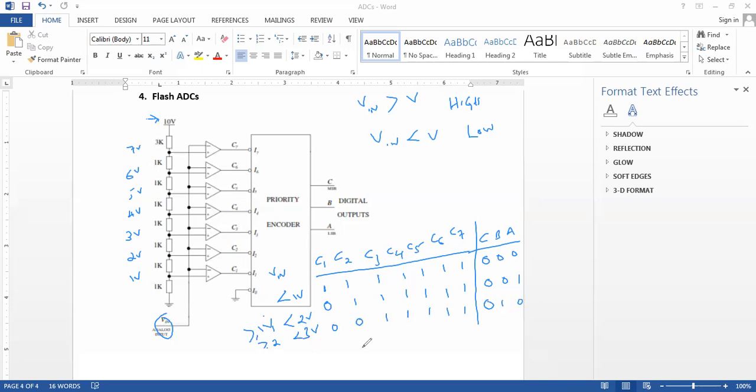This will continue until finally, when our voltage is greater than or equal to 7 volts. When the voltage is greater than or equal to 7 volts, we are comparing, let's say 7, with 1, and the output will be a 0. For all these other inputs, C1 all the way to C7, the outputs will be 0.